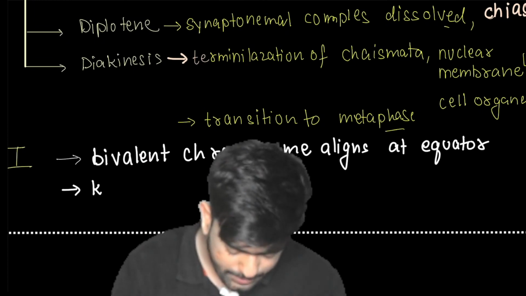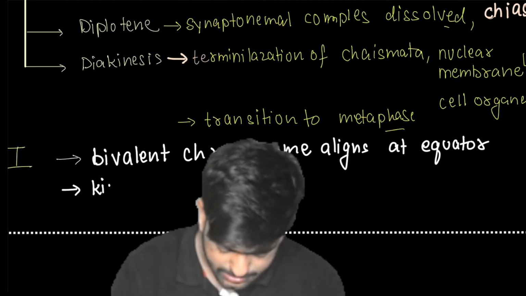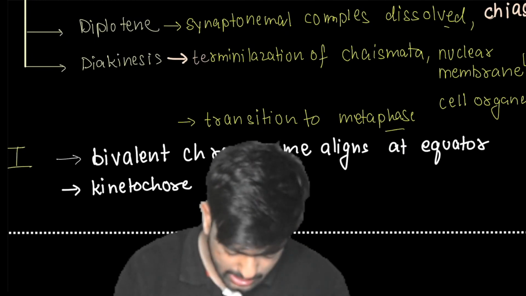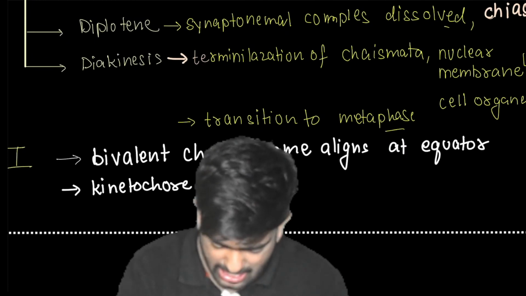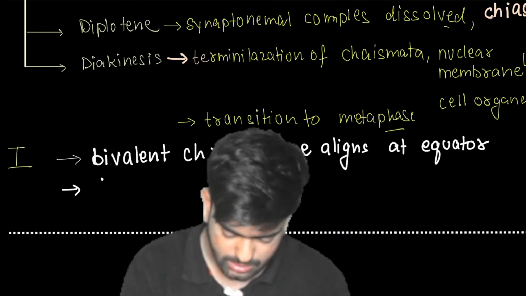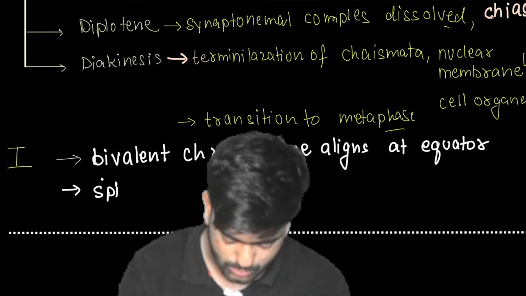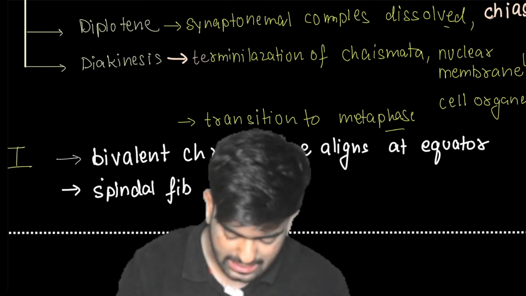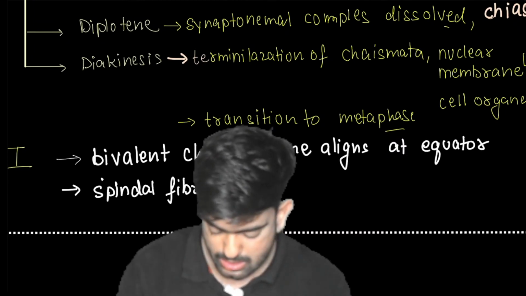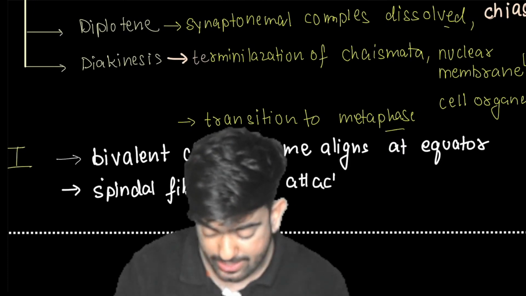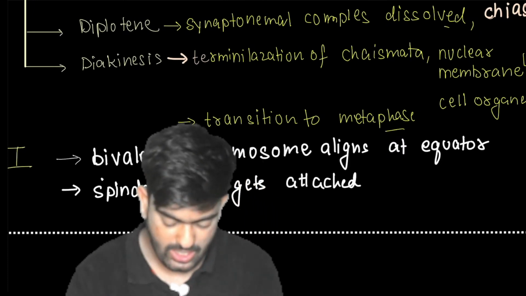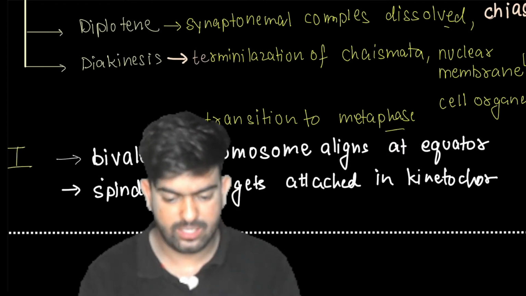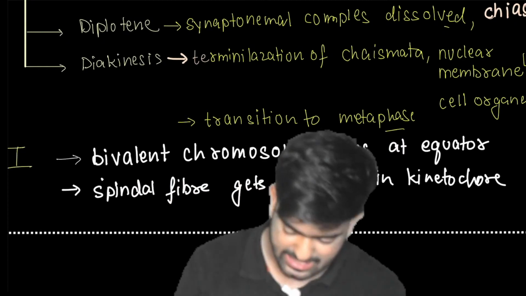So I should write like this: spindle fiber gets attached to the kinetochore. Let's write the things and then again let's understand.